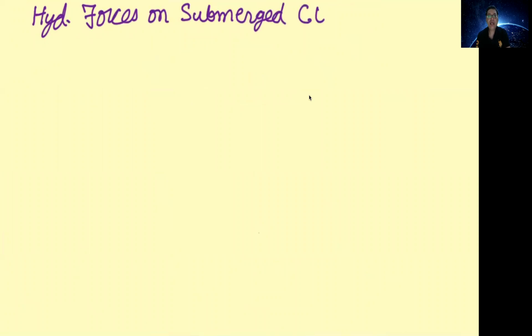After discussing the hydrostatic force for the submerged plane surface, here the hydrostatic force on a curved surface is presented. Now the procedure which we use to calculate the hydrostatic force for the curved surface basically borrows the expressions which we had developed for the plane surface.